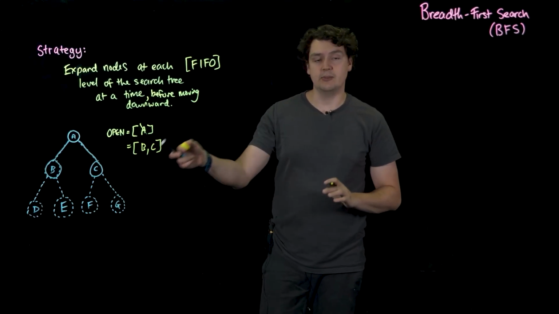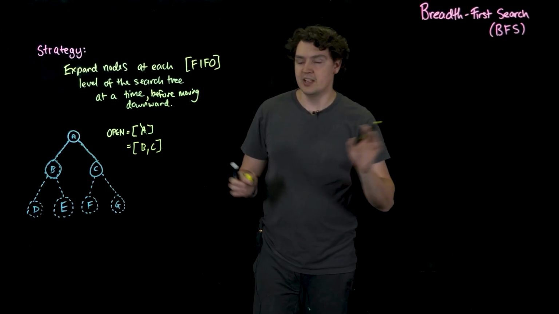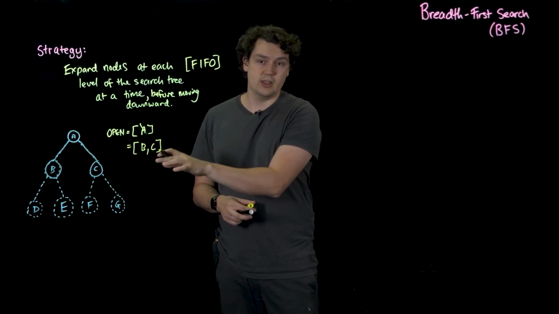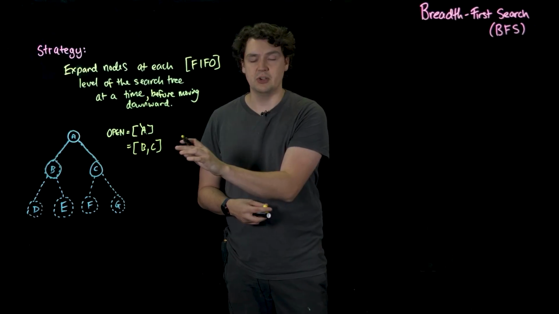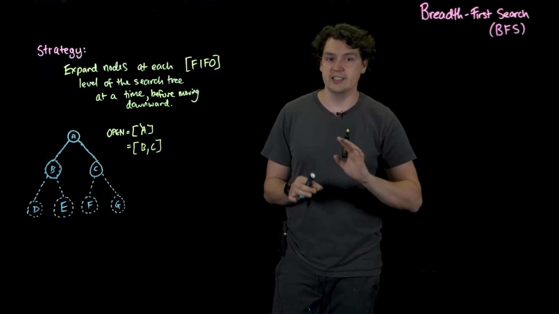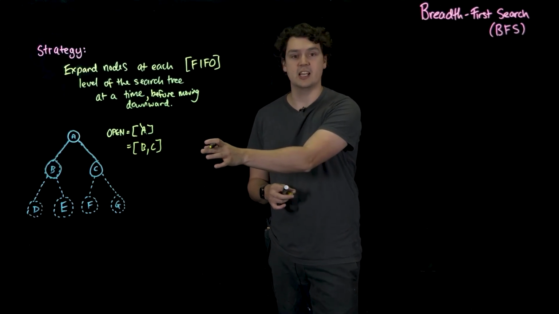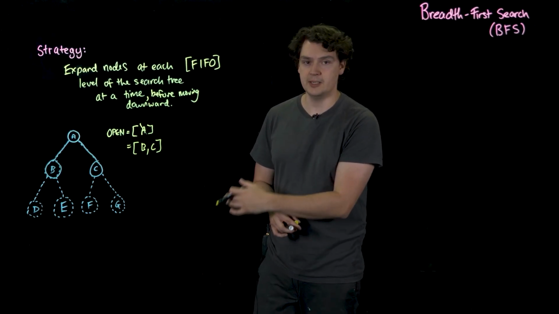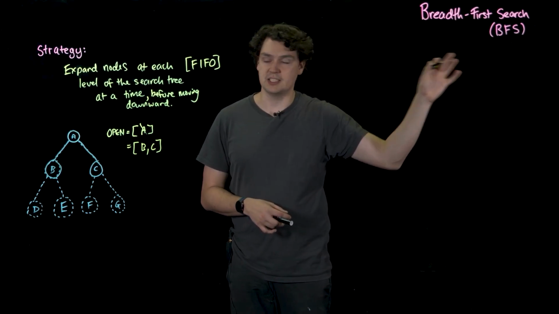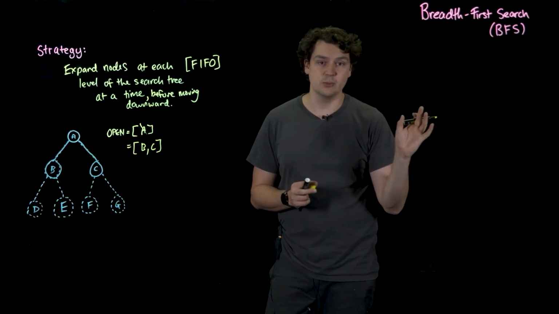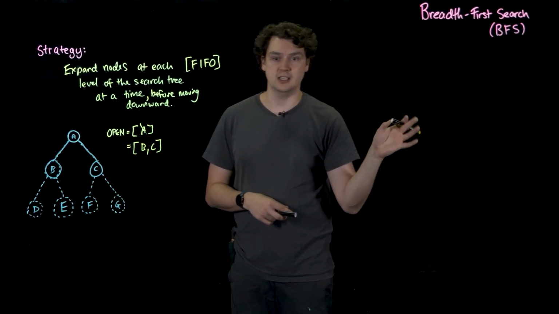They're both at the same level 1, with a depth of 1. In this situation, whether you expand or put in B or C first is up to tie breaking. This does not matter, as long as they're both ranked similarly, then we're good to go. That's BFS. Tie breaking can help us in different ways, but that's something we'll deal with later.